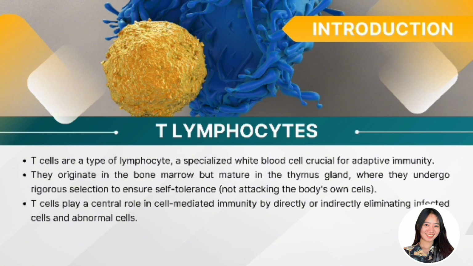T cells play a central role in cell-mediated immunity by directly or indirectly eliminating infected cells and abnormal cells. There are different types of T cells, each with its own job, like helper T cells that coordinate the immune response, cytotoxic T cells that directly kill infected cells, and regulatory T cells that help control the immune system to prevent it from going overboard.